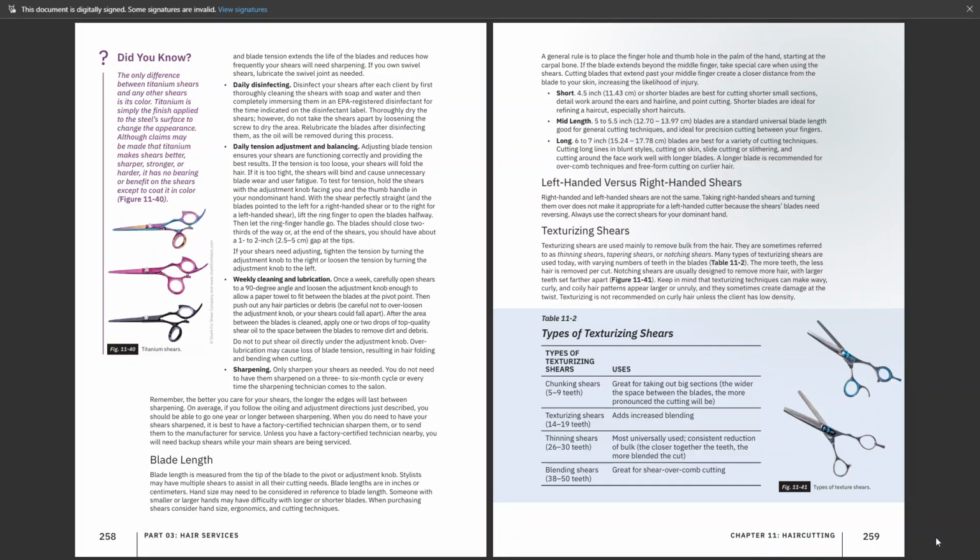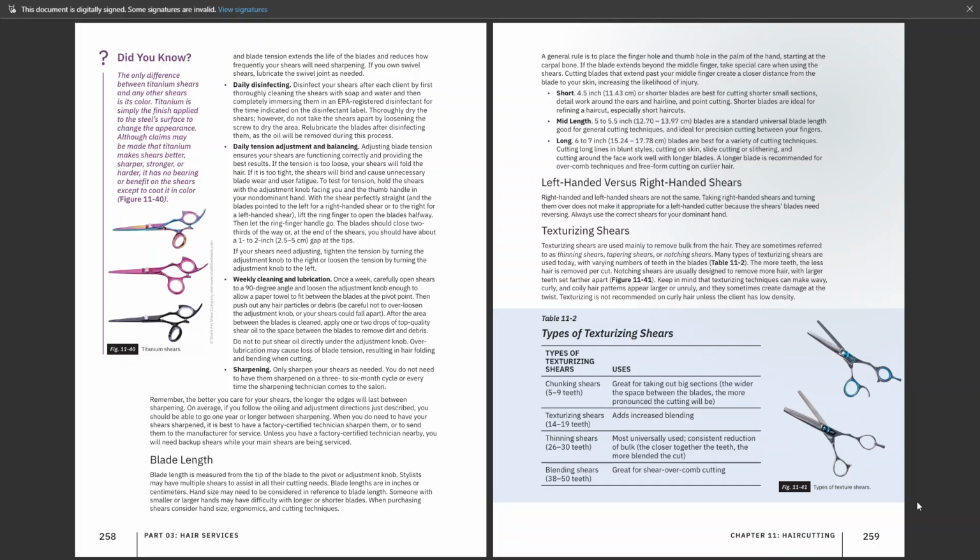Proper lubrication and blade tension extends the life of the blades and reduces how frequently your shears will need sharpening. If you own swivel shears, lubricate the swivel joint as needed. Daily disinfecting.